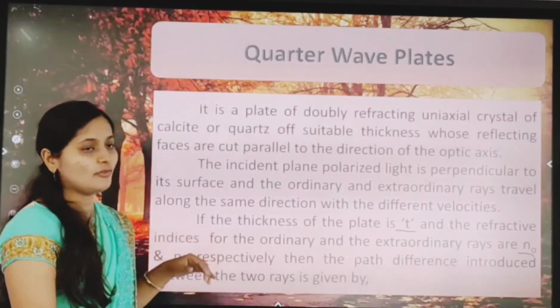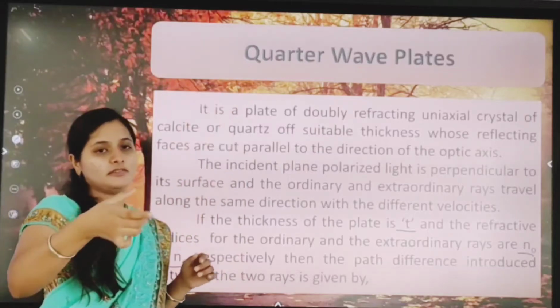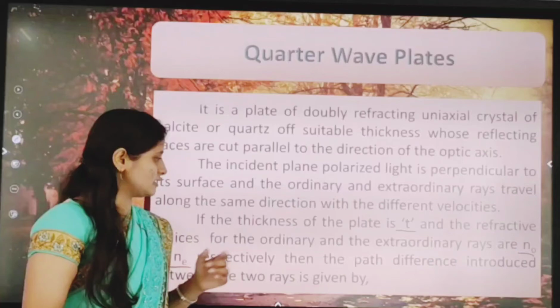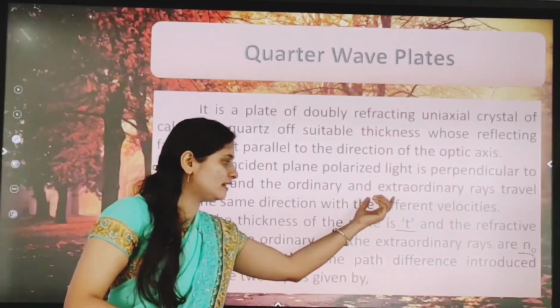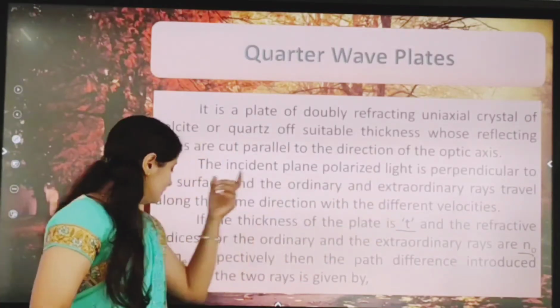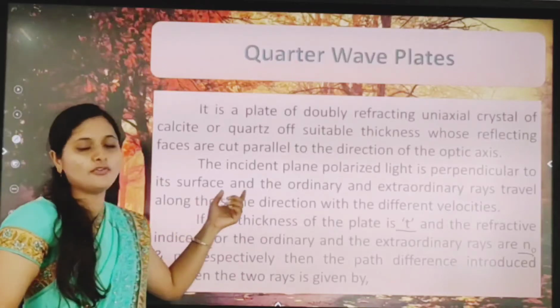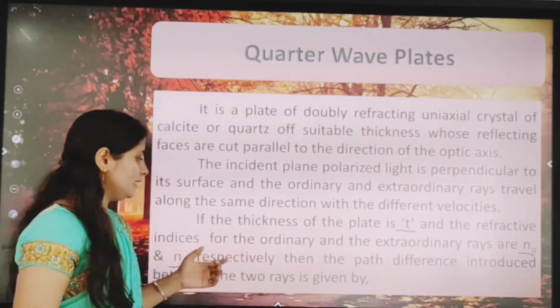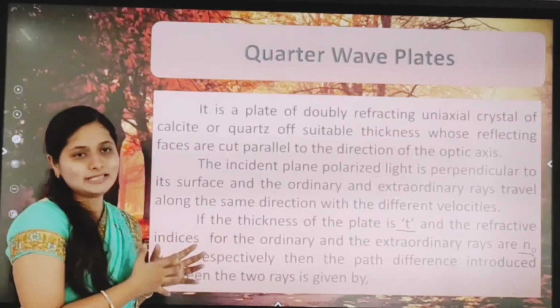And in the next, the plate has a suitable thickness, which we consider as T, and the refractive indices for the ordinary ray and extraordinary ray are N naught and Ne, and the path difference is given by the following.